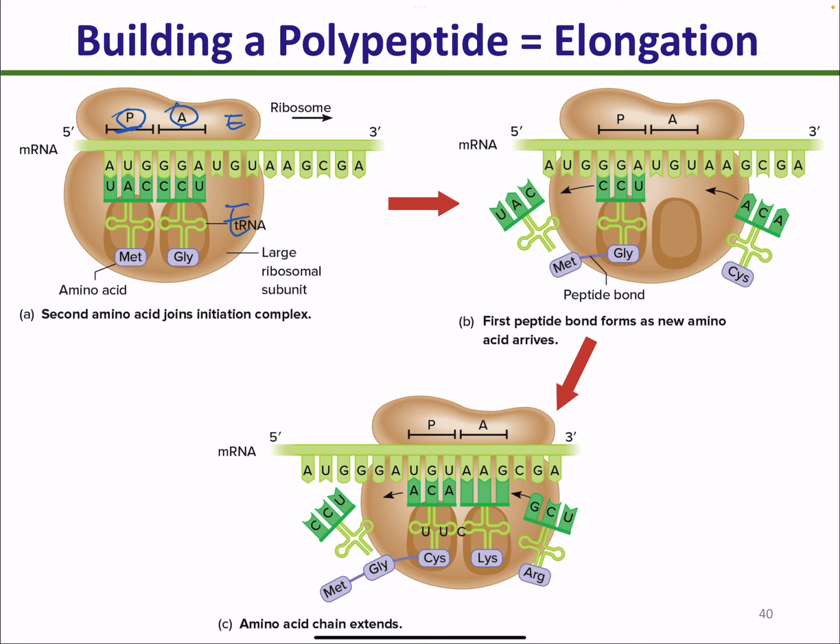The A site is the site that is going to accept the transfer RNA that carries the new amino acid to be added to the growing peptide, right? The E site is actually the exit site. All right? So now we have the transfer RNA with methionine that is here.